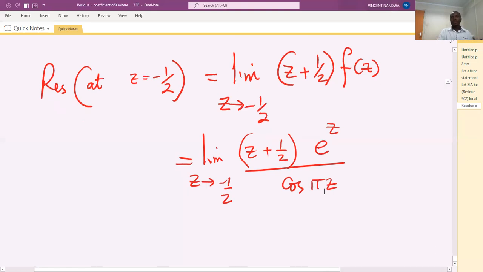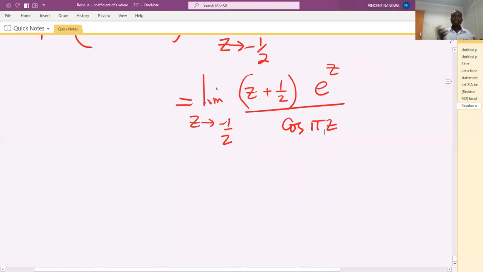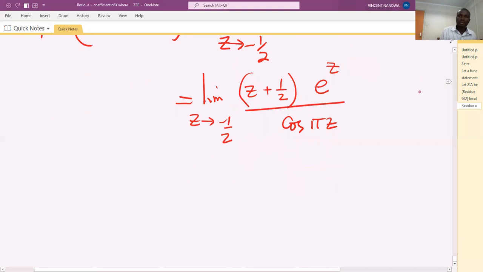Also by direct substitution, we get 0. So we have the case of numerator 0, denominator 0, so we use L'Hospital's rule.